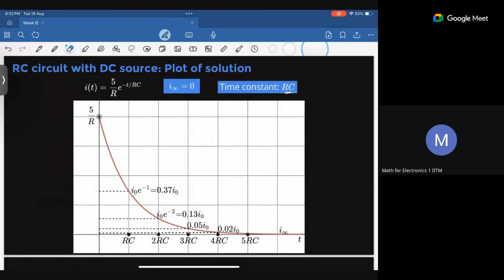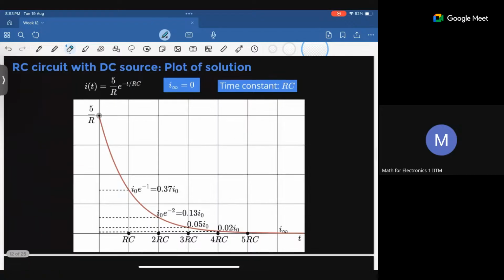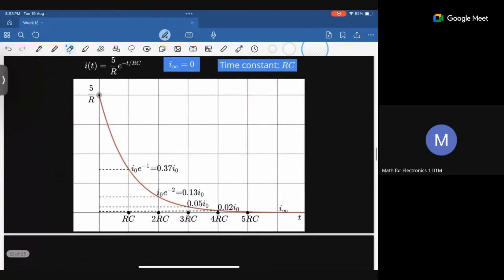So it will drop by 63%. Like that, it will drop by 87% within two time constants, and by 95% within three time constants, and then it will slowly drop to zero. So this is something inverse to what we saw previously: the previous graph was increasing, this was decreasing.